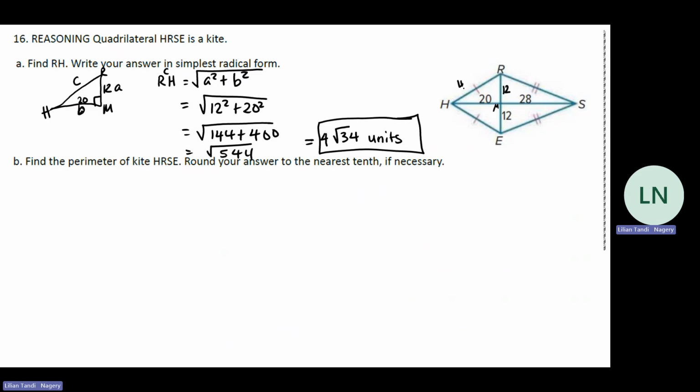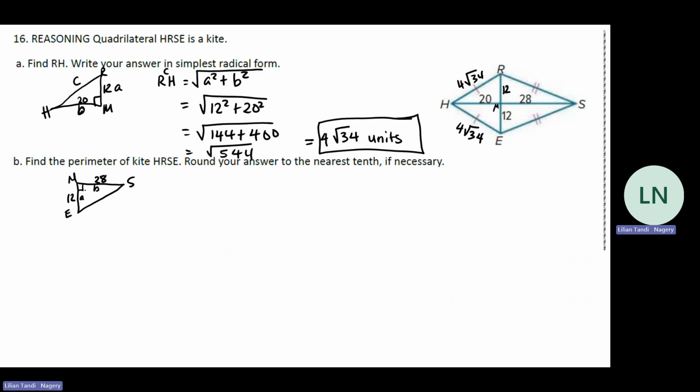Now we find the perimeter. So we know that this is 4 square root 34. Okay. Now let's find ES. So we will use the triangle MES. Here is the 90 degrees. This is 12. This is 28.